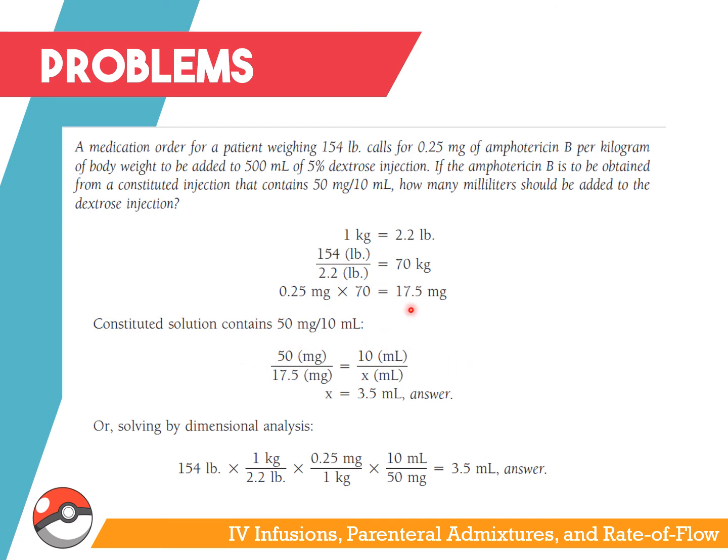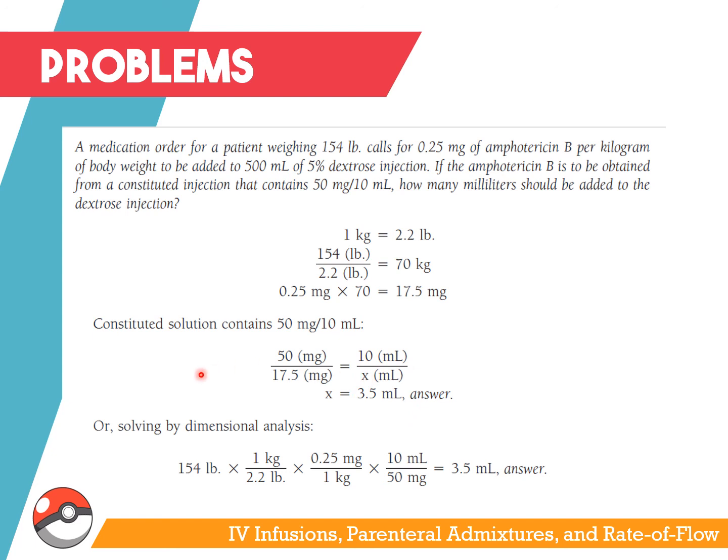So if we only need 17.5 milligrams, how much volume is needed to be administered? So since the solution's concentration is 50 milligrams per 10 ml, we plug that in the equation. So 50 milligrams per 10 ml. Okay, and since we only have 17.5, here we will place X. So if you compute this, it would be 17.5 times 10 divided by 50. The answer is 3.5 ml.